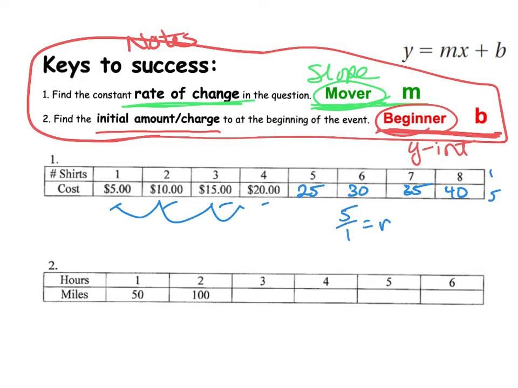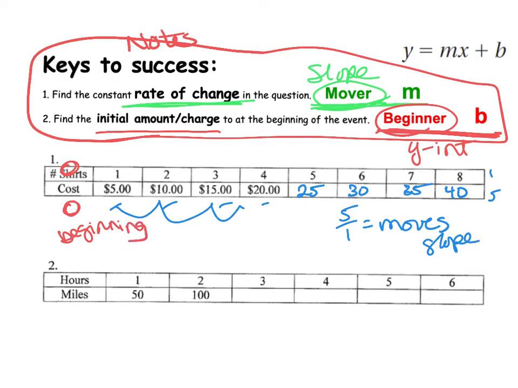My slope is 5 over 1. That is how it moves. That's the slope. My y-intercept is where it starts. If I bought 0 shirts, it would cost me $0. This is the beginning point of where we were at.